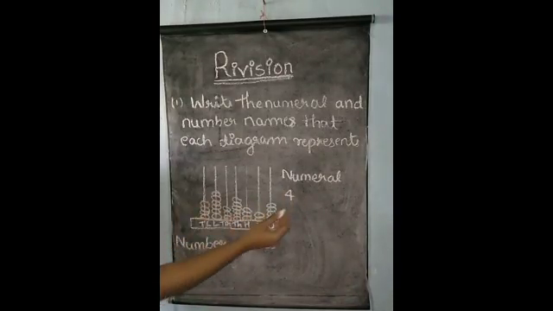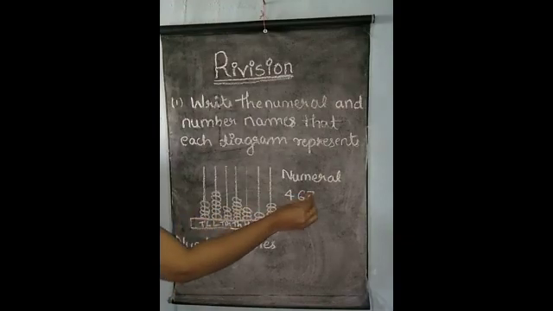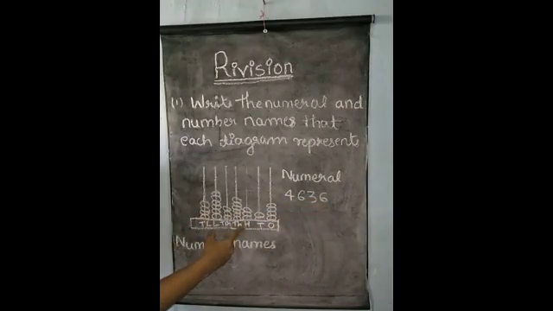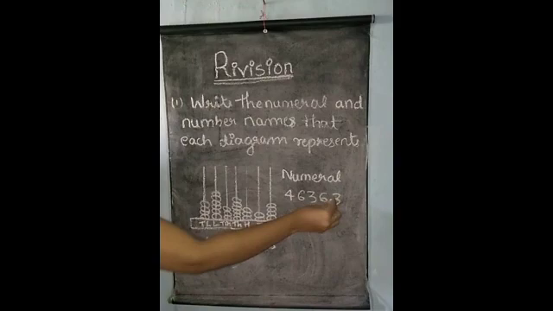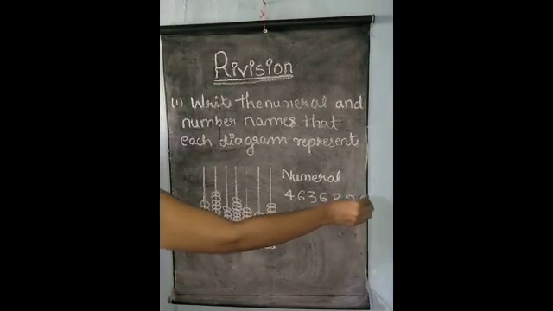Lakh place, 6 beads are there, means 6 at lakh place. 10,000 place, 3 beads. Then 1000 place, 6 beads. Then 100 place, 3 beads. Then tens place, 2 beads. And ones place, 4 beads.